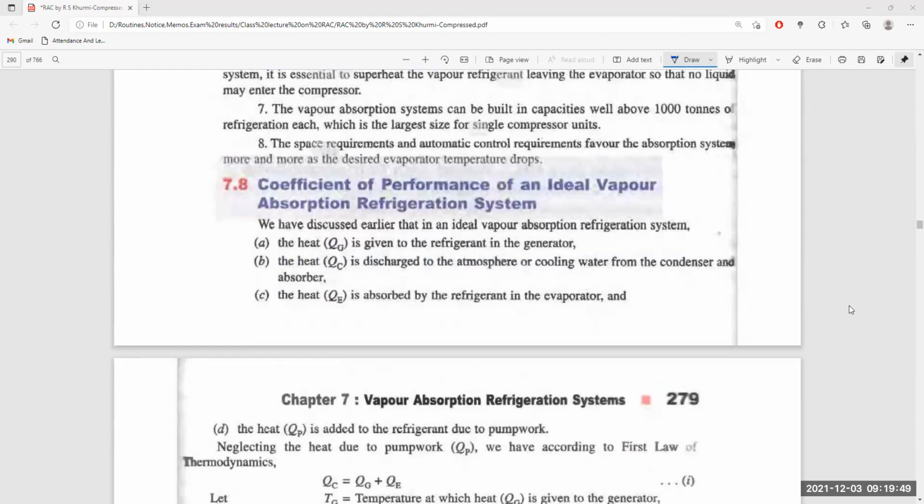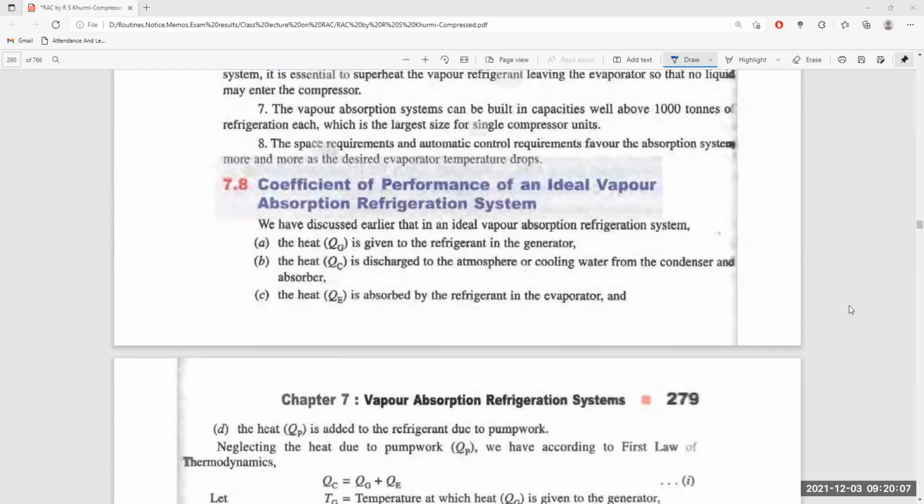Now, we know that in an ideal vapor absorption refrigeration system, heat QG is given to the refrigerant in the generator, heat QC is discharged to the atmosphere or cooling water from the condenser and absorber, and heat QE is absorbed by the refrigerant in the evaporator.